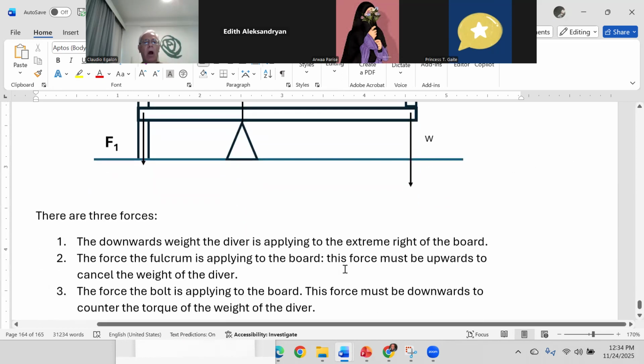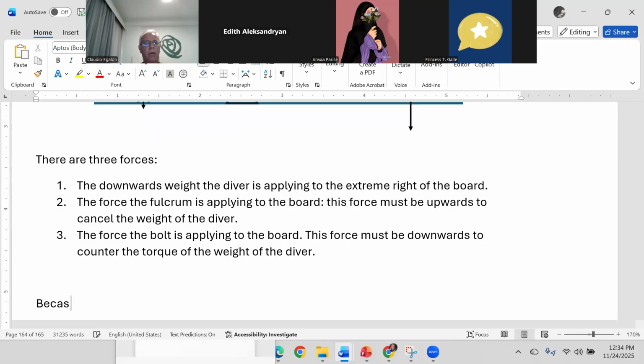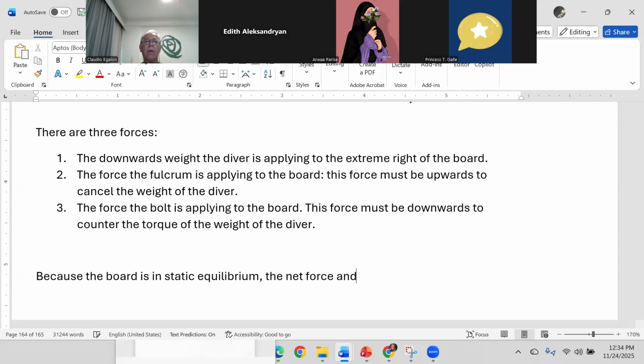Okay, because the board is in static equilibrium, the net force and net torque must be equal to 0.